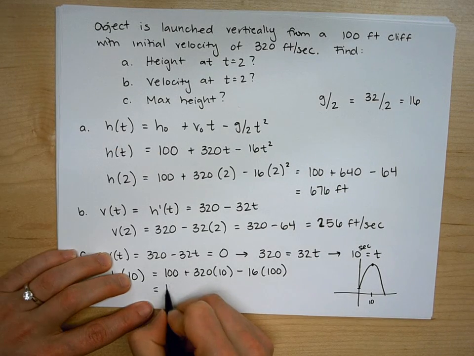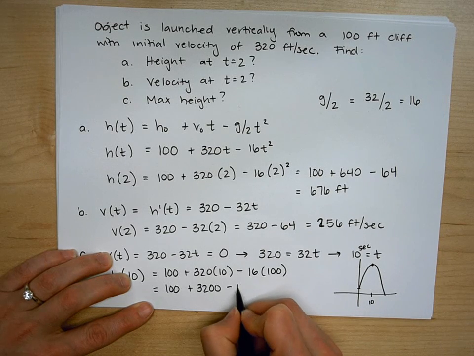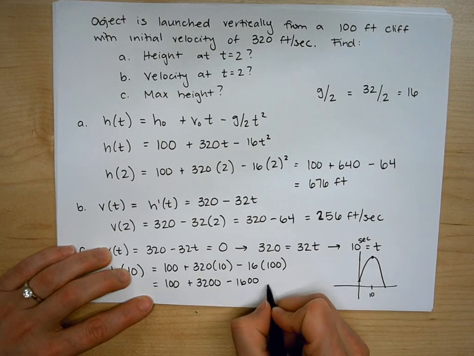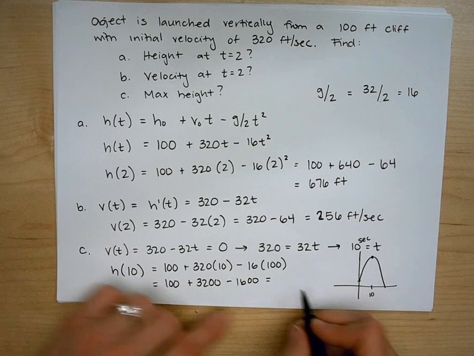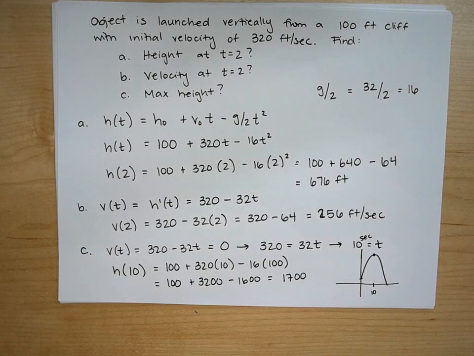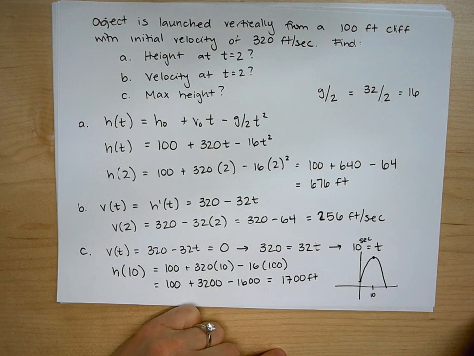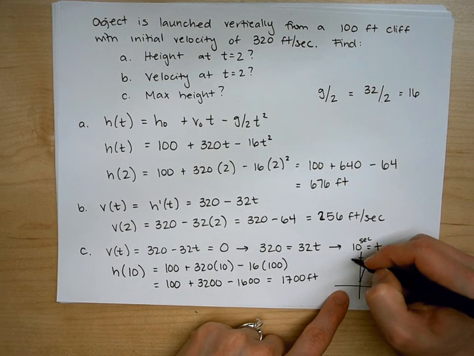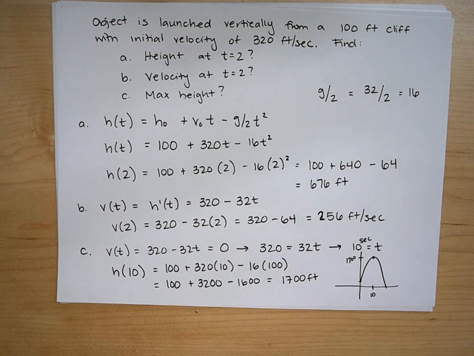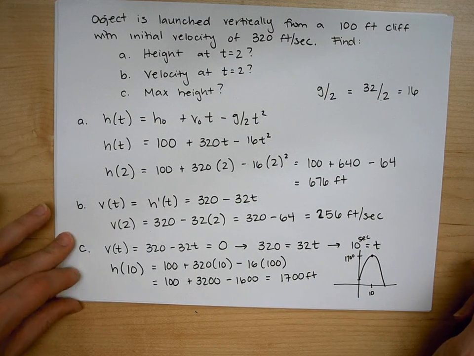So I have 100, plus 3200, minus 1600, and I end up getting, after all that, 1700. So 1700 feet. So that means the y-coordinate here is 1,700 feet. Went pretty high, pretty good for starting at 100 feet.